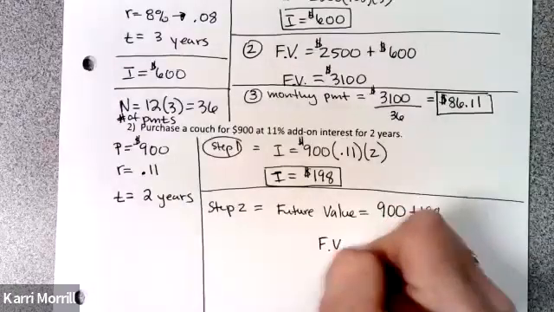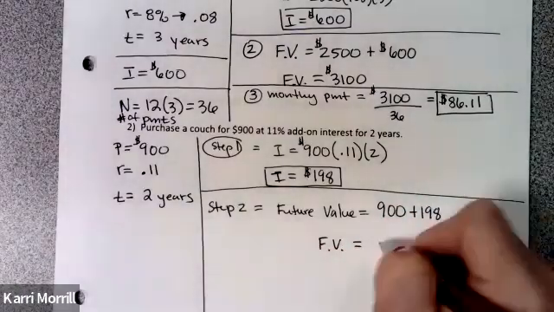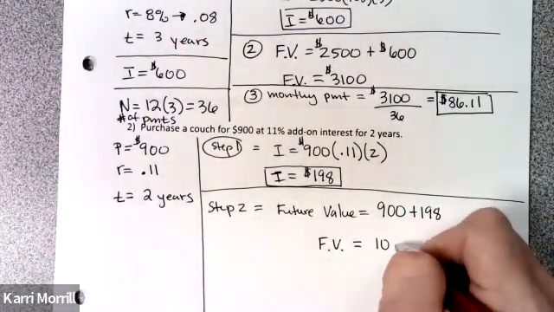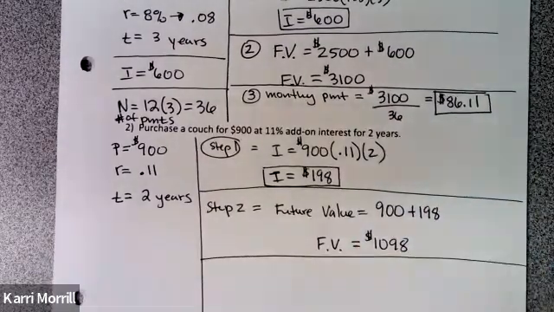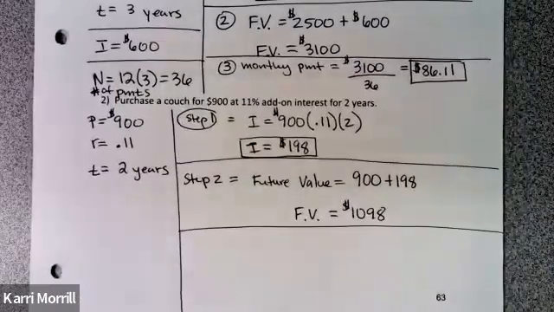So over the 2-year time period, I paid $1,098. They don't really ask you to find that, but you have to find it to be able to find your monthly payment.